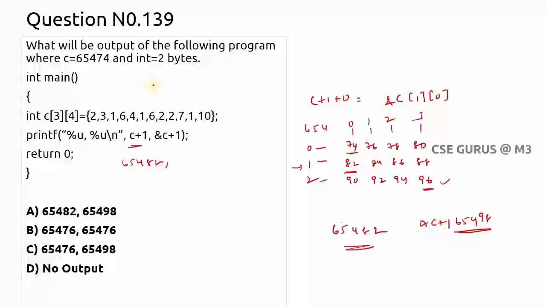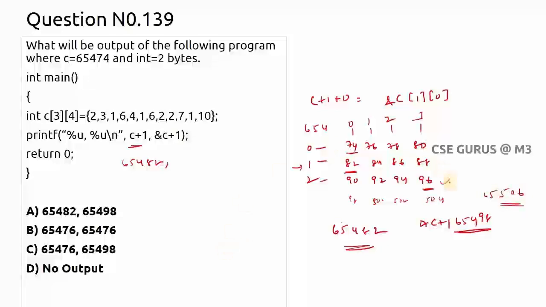If you take one more row, let us suppose 4 rows and 4 columns, then it will be like here 98, 100, that means 500, 502, 504. Now if I ask you what &c+1 means, the next value is 65,506. Like this it will consider.